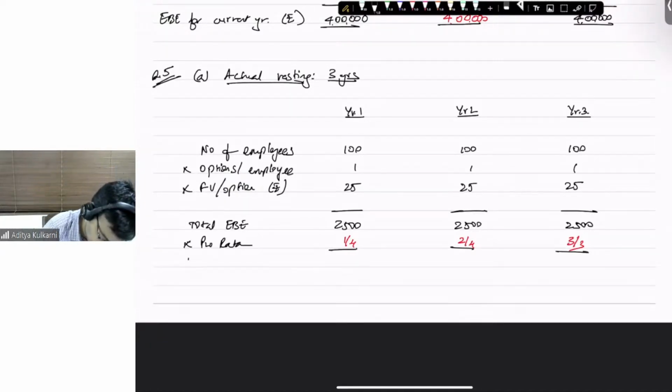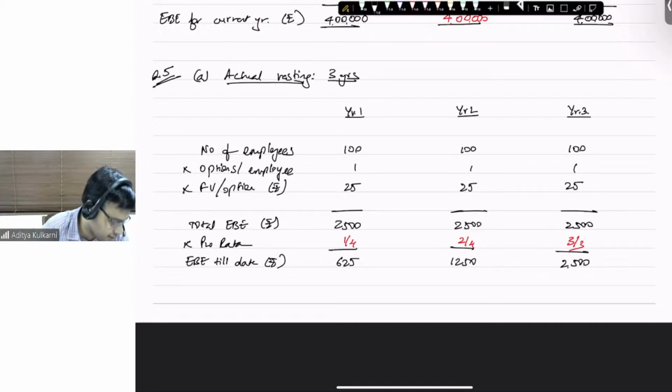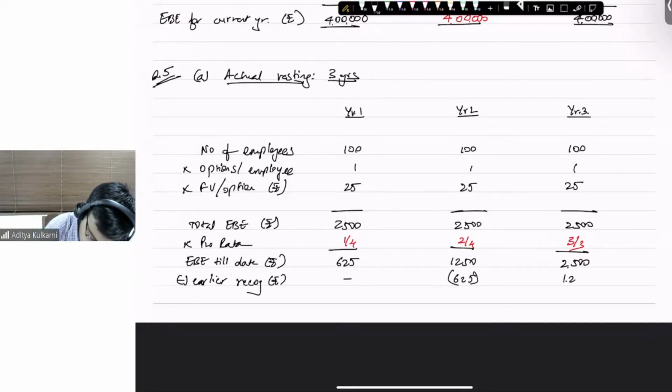So this comes to EBE till date 625, 1250, 2500 less earlier recognized nothing, 625, 1250.